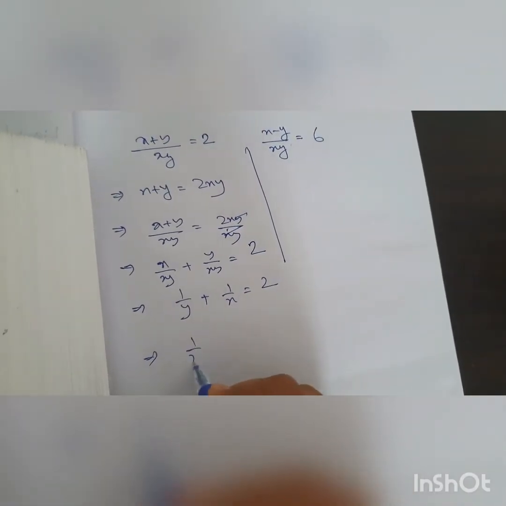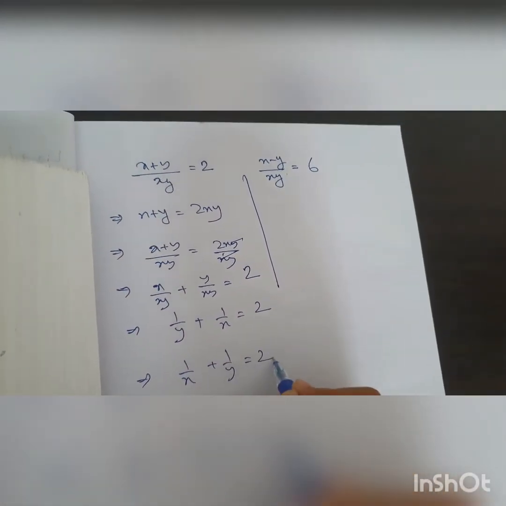So you are basically getting 1 by x plus 1 by y is equal to 2.